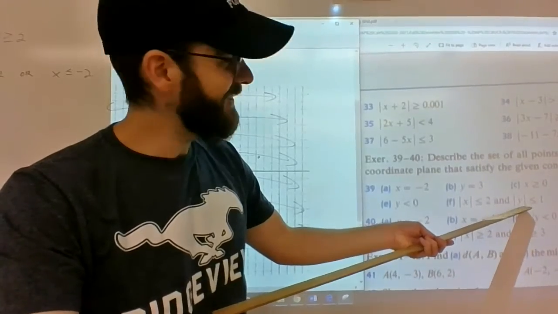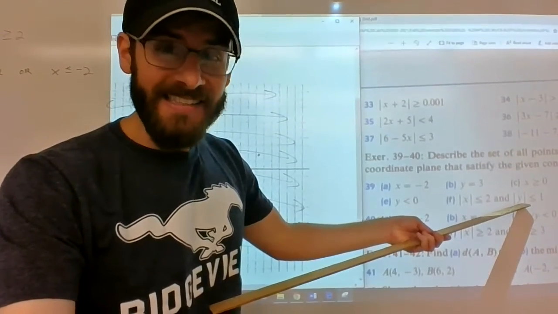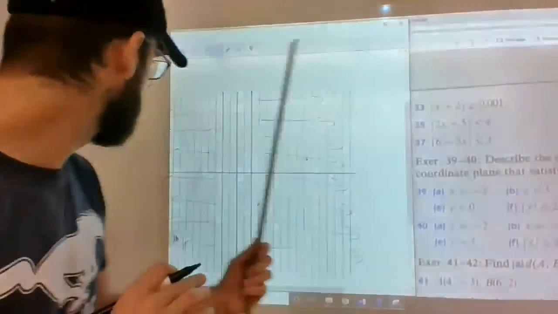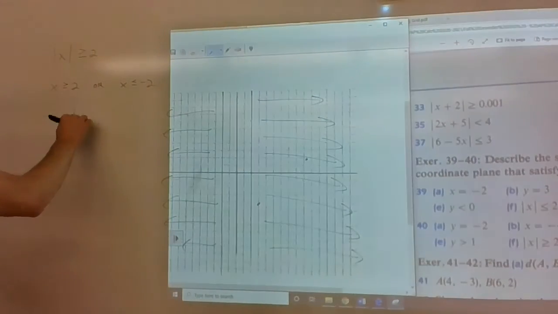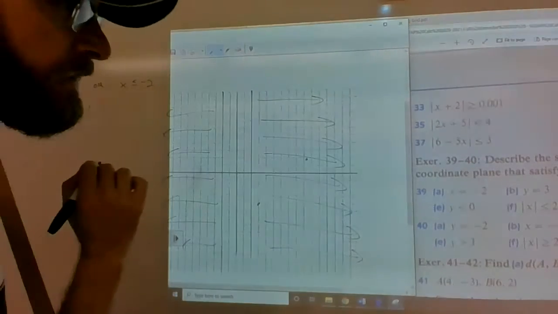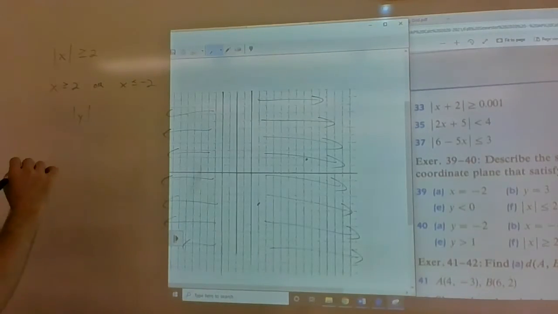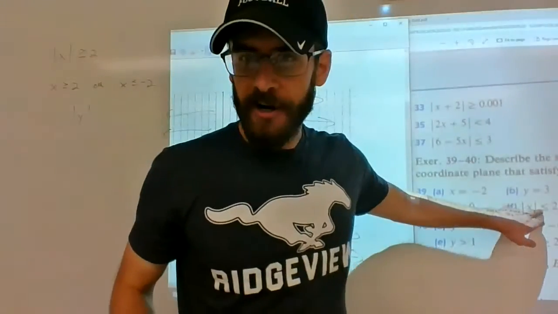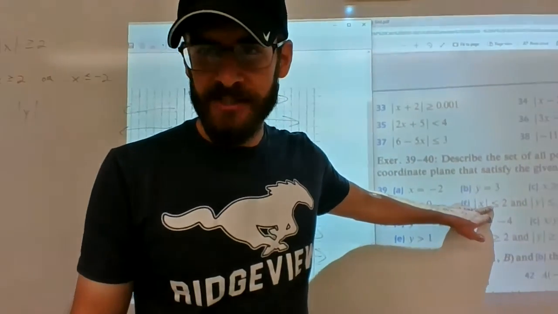Let's move up here. Y is less than or equal to 1, the absolute value. So when we check it out, over here... Oh no. Sorry, this is x is less than or equal to 2.